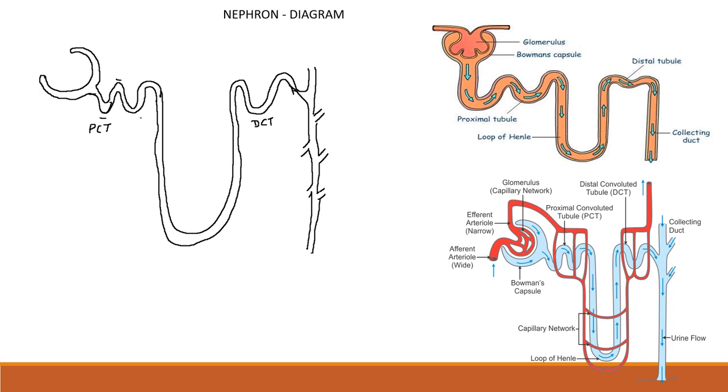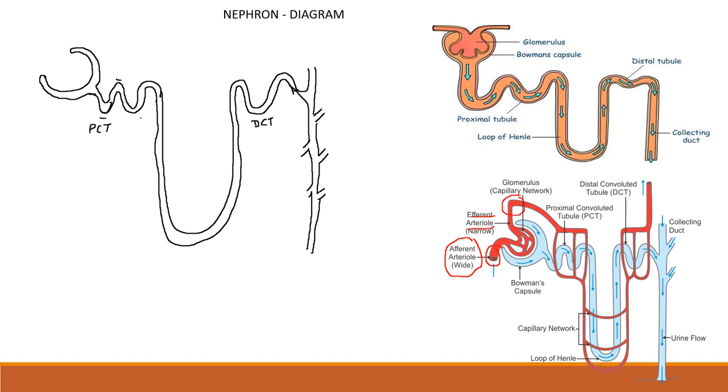kidney, right? Now I'll show you with the help of the red pen. I have to show you the artery, okay? As you can see, we are first going to draw the efferent artery, and it is wider. Efferent artery is wider, and efferent arteriole is thinner.